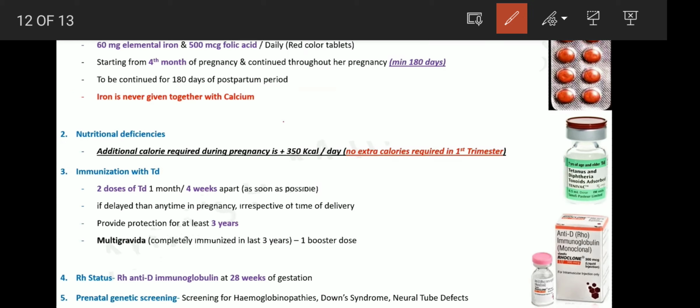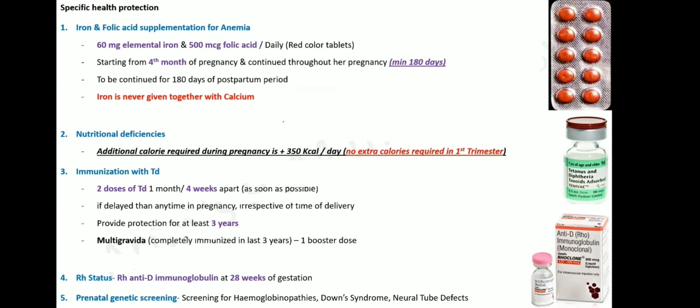Very important thing: we doctors and physicians have to know that iron should never be given together with calcium. Moving on to other nutritional deficiencies, the mother has to be protected against other nutritional deficiencies which can occur.